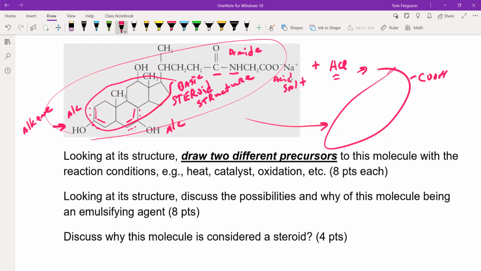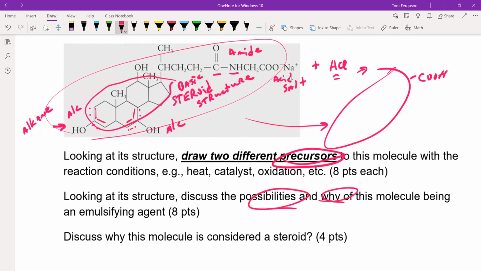Okay, so that's where I was going. So precursors are the molecules from which you start. You end up with what you want to end up with. That's what I mean by a precursor.